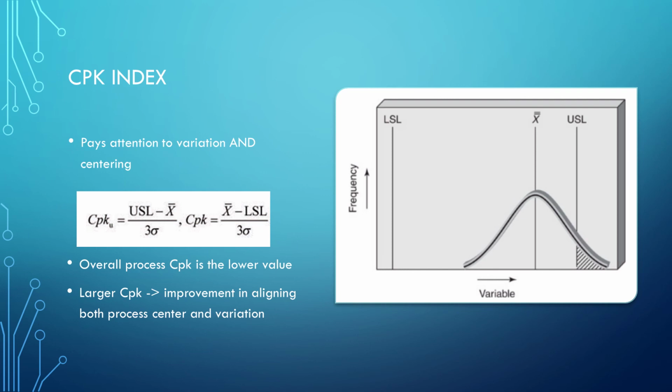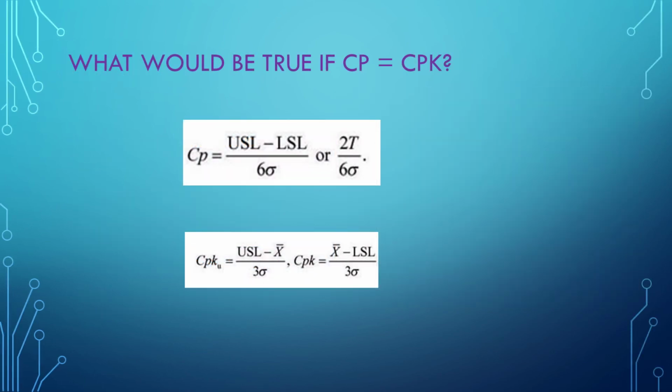The overall process Cpk will be the lower of these two values, so it's the measure that is on the worst side. Because this reflects both the centering and the width of the underlying distribution, we can make our Cpk better in 2 ways. We can either work on centering the process better, or we can work on reducing variation. So, given the definitions of Cp and Cpk, what would be true if their values were the same?